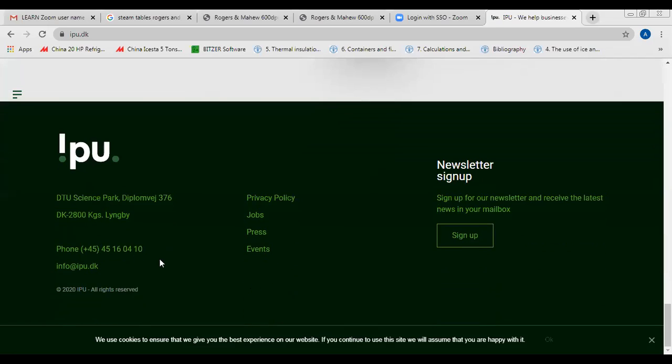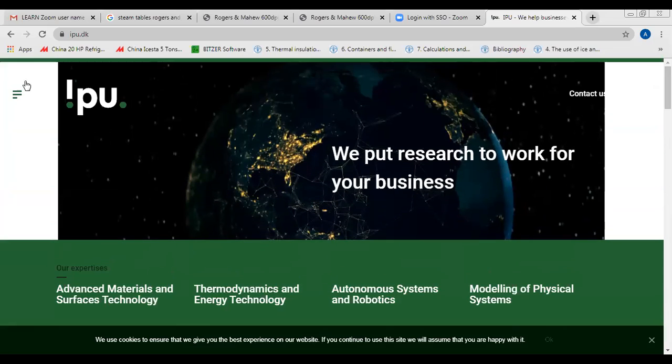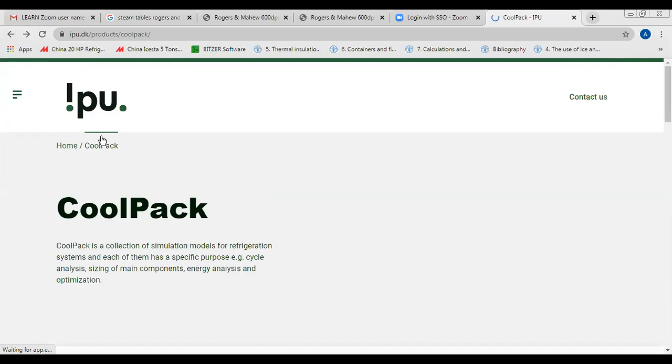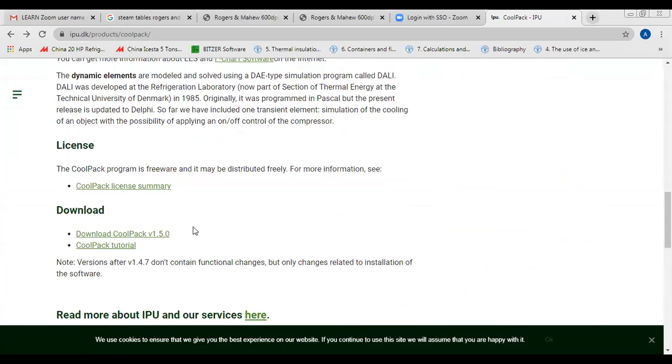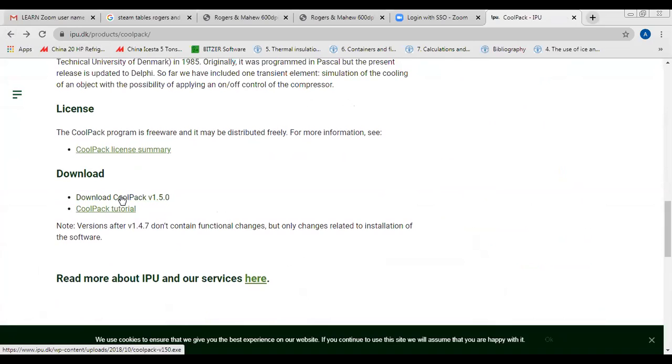DTU, yes, DTU, Denmark Technological University. You go to this website, and earlier we were in the full pack download. Full pack is here. You can go through this. So download cool pack is here under download.